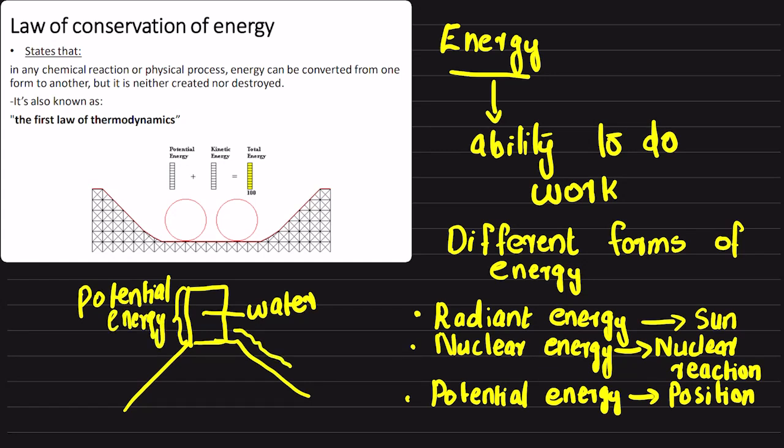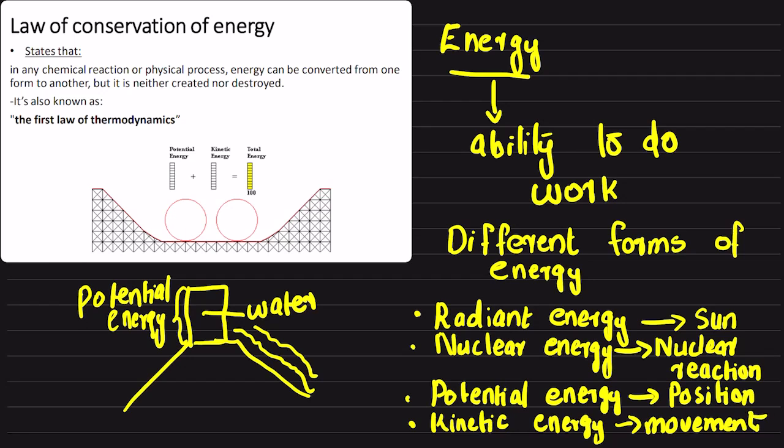When the water is flowing, it changes into kinetic energy. Kinetic energy is related to movement. So the examples of energy are radiant energy, nuclear energy, potential energy, and kinetic energy. Potential energy is related to position and kinetic energy is related to movement.